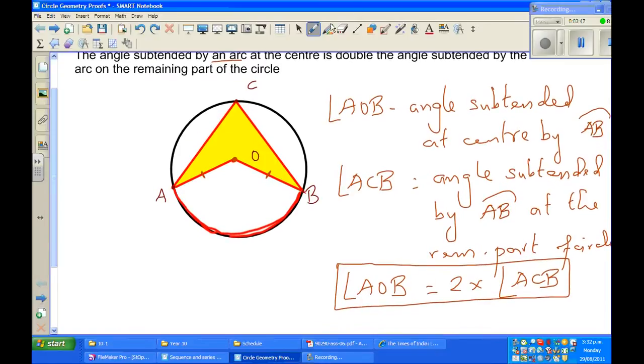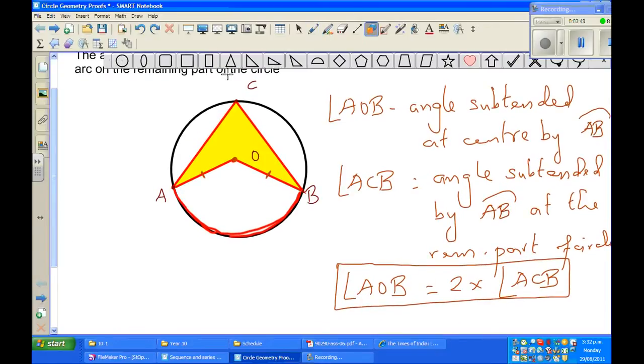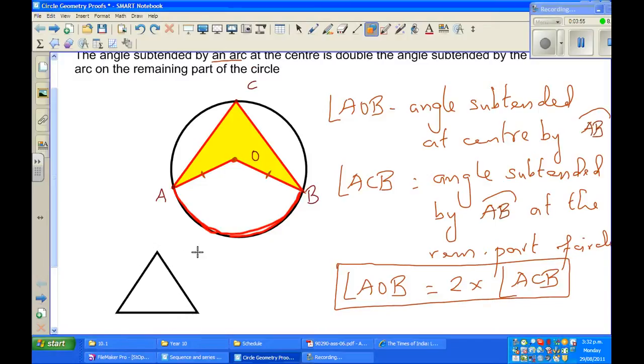To prove this, let me draw one very important, very basic theorem that you should know. Suppose you have an isosceles triangle, and suppose these two sides are equal. Let me name this triangle PQR.